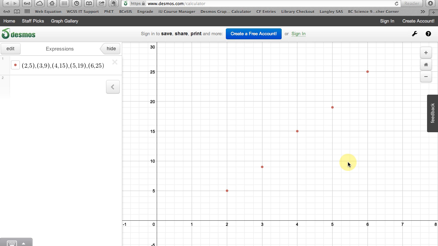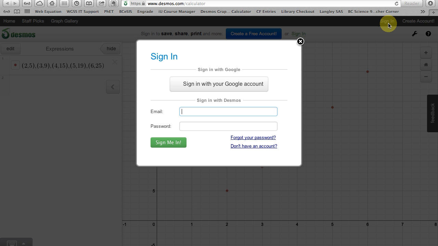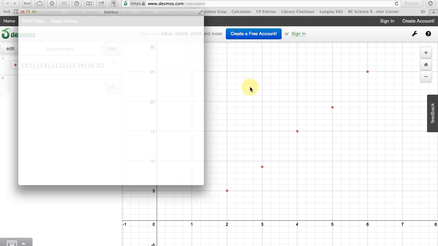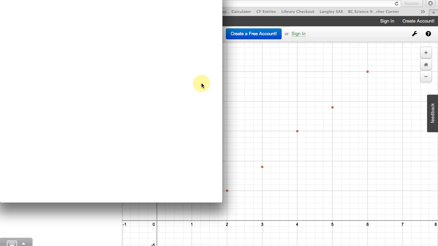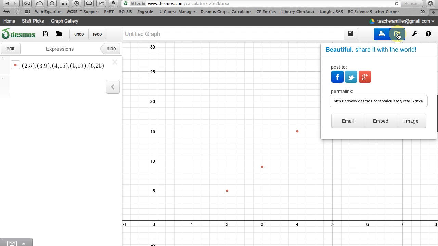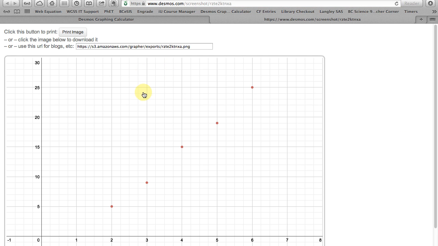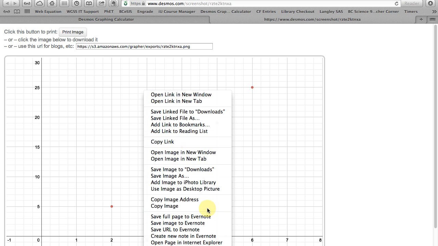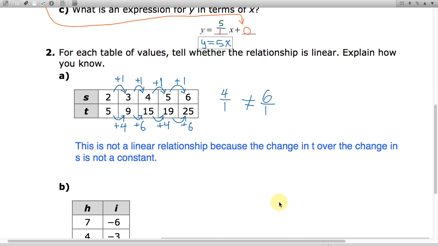Now, at first glance, you might look at these points and say, oh yeah, looks like these points are all in the same straight line. But as soon as you take a closer look, so I'm just going to bring up this image, copy it, and put that into my notebook.